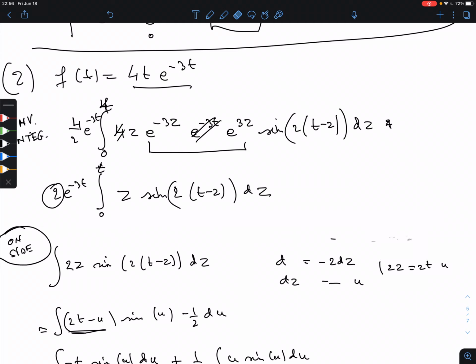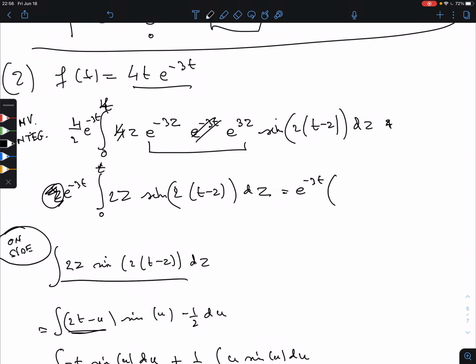Okay, so let me now erase some stuff here and continue with plugging this into the integral. We're still doing this integral only. That was, again, on the side. Oh, no, the 2 we took inside, so we have to be careful. We calculated this one, so we have an e to the minus 3t, and then we have what we just calculated.